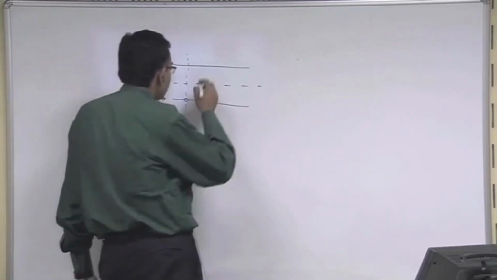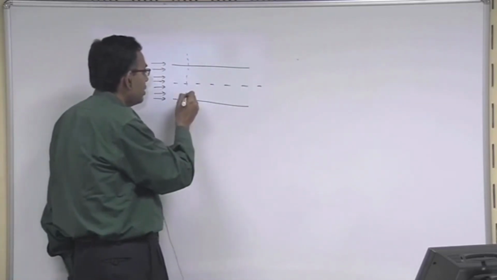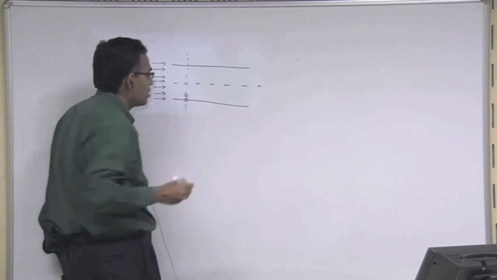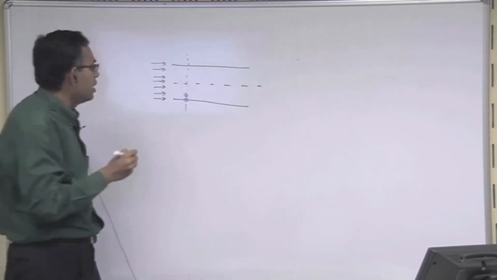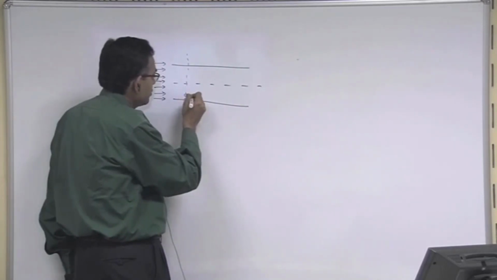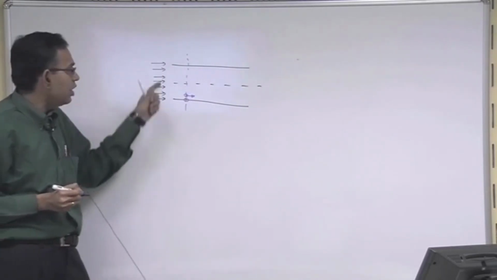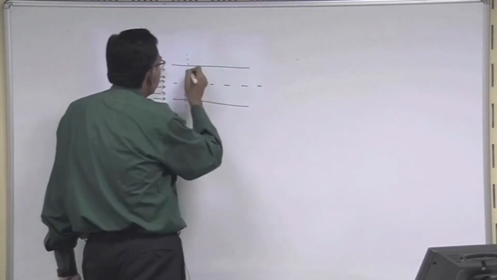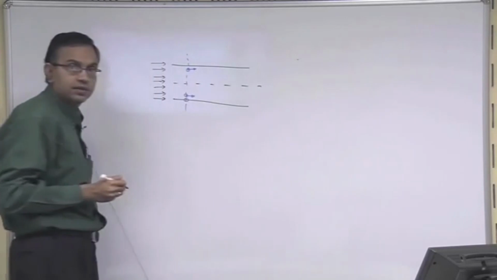Now, the velocity here is zero, because the velocity at the wall is zero. If you come to a location like this, here the velocity is somewhat greater than zero, but not equal to the free stream velocity. Assuming it is symmetrical, the same thing holds for the upper plate.